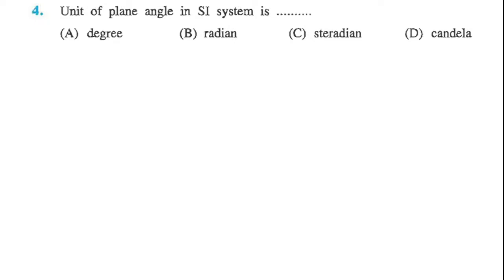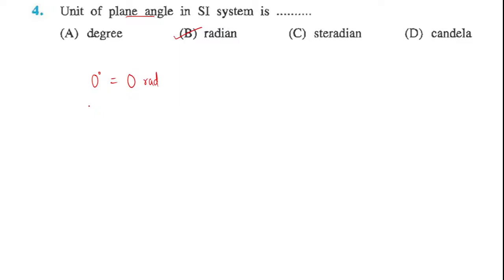Unit of a plane angle in the SI system. Everybody knows that if it's a plane angle, it's radian, right? We also know some additional parts: if it is given 0 degree, the answer is 0 radian.